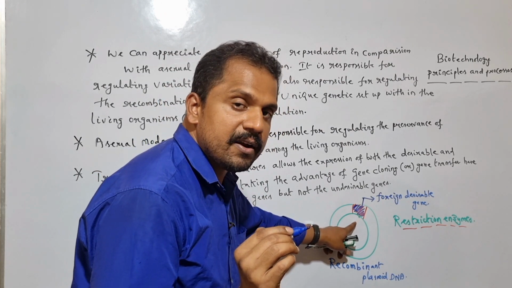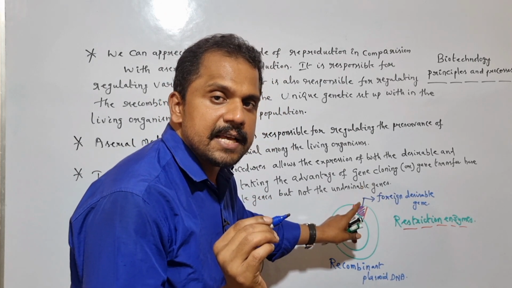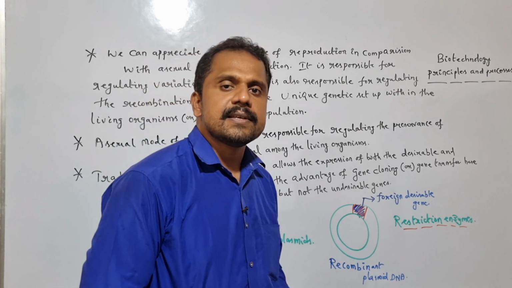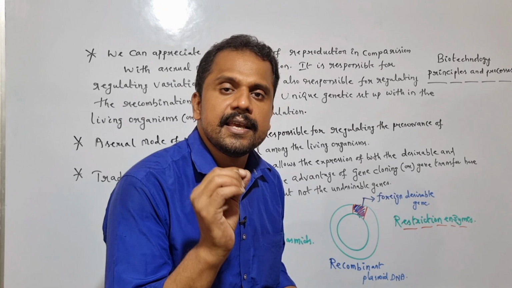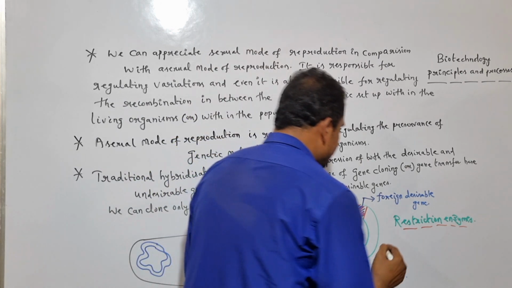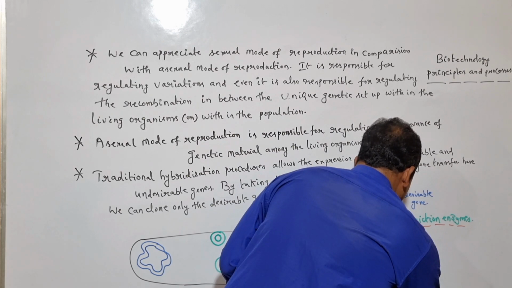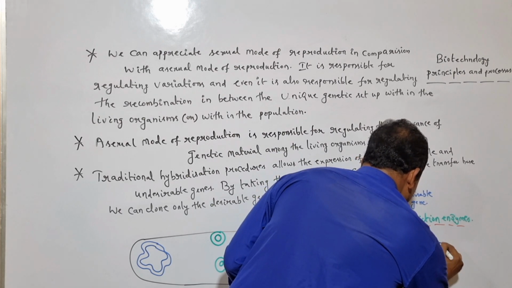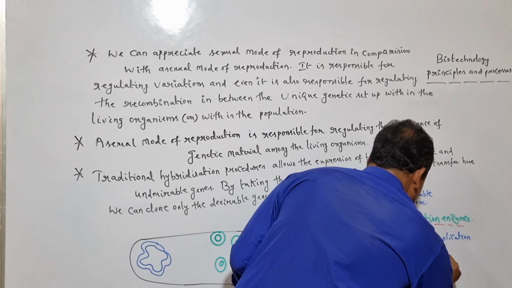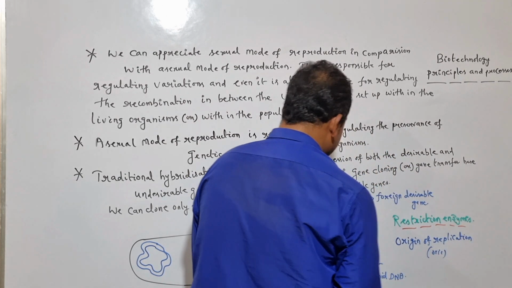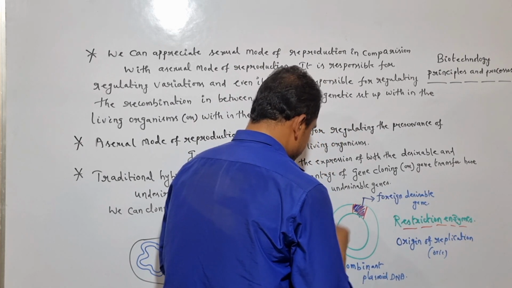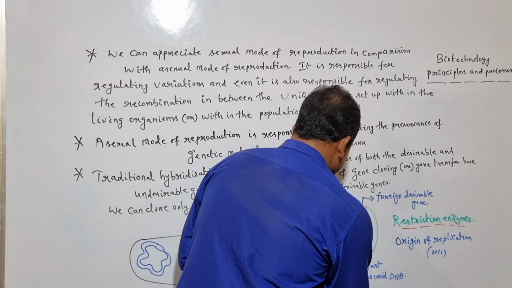The insertion of the foreign desirable gene within the plasmid DNA has to take place at one particular site within the circular DNA, termed as origin of replication, which is simply termed as ORI C. So let us assume it has the ORI C here.